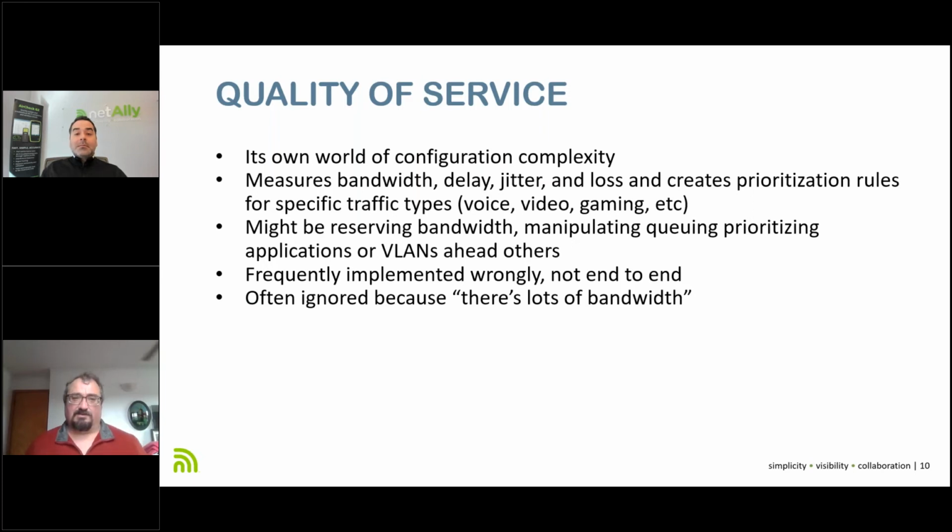That's just the five-cent mission statement of what QoS is. At the end of that, you're doing some kind of prioritization. Maybe this VLAN gets the priority out of all these other ones, or you're monkeying with queues for different applications or whatever. And usually the old standby, easy-to-talk-about one is voice.